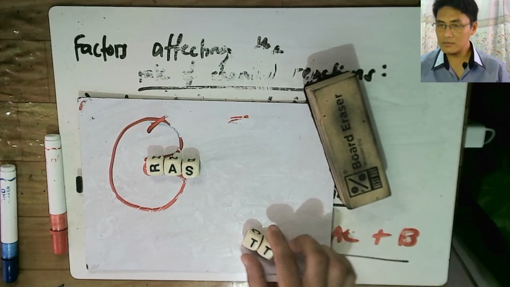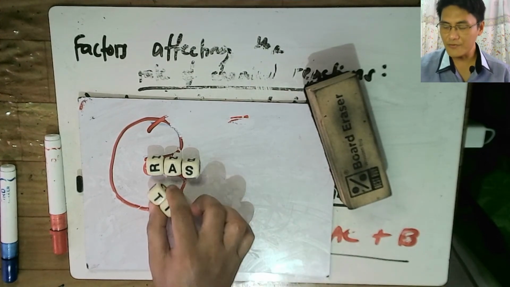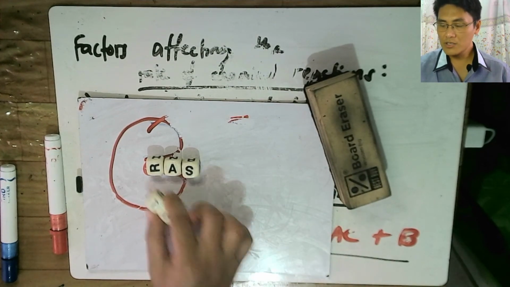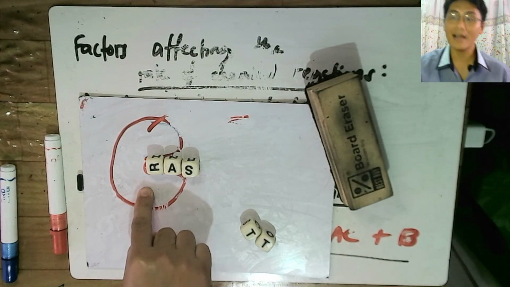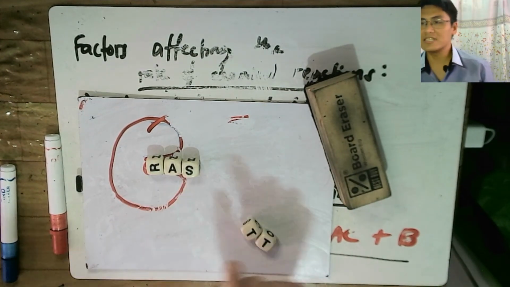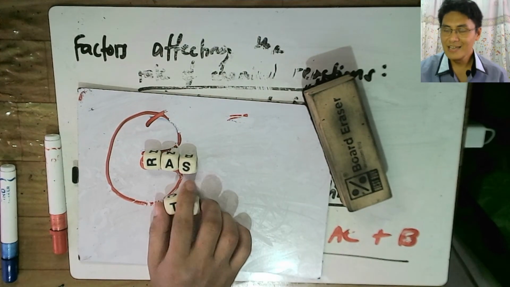Now this reactant would find it very difficult to react with the R. So in this case, this is an inhibitor, not a catalyst, because it makes it difficult for the collision to happen. Right? So that's the idea there.